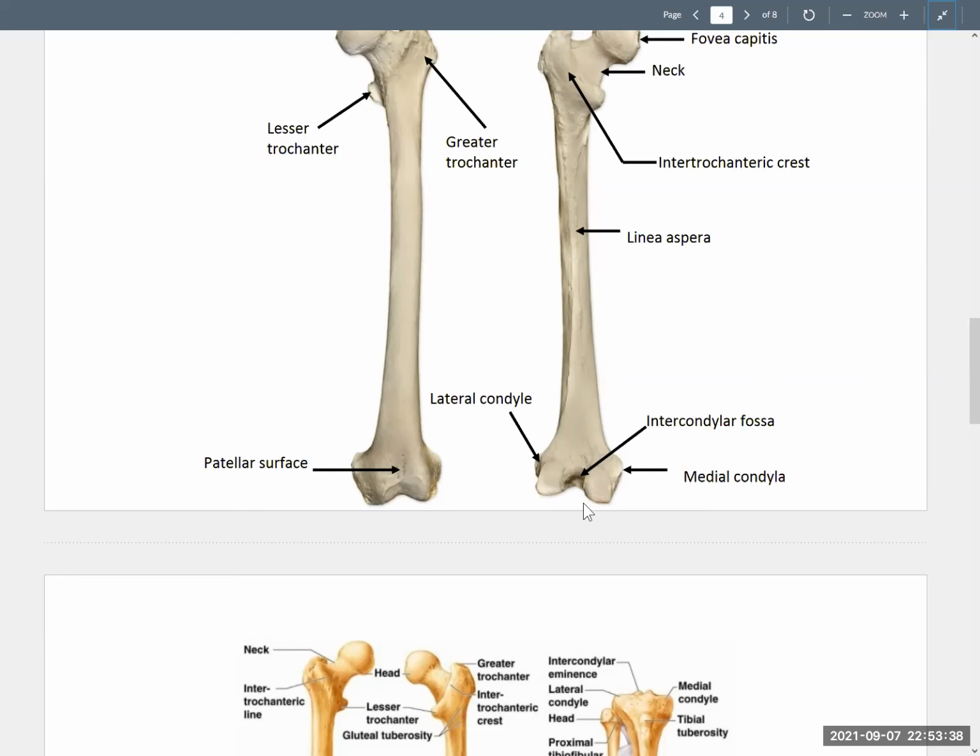These two things that almost look like big toenails, these are the medial and lateral condyles also. In between is the intercondylar fossa. Remember, we had the olecranon fossa in the humerus. So there's a lot of similarities. They don't look the same, but the way they're formed is similar.